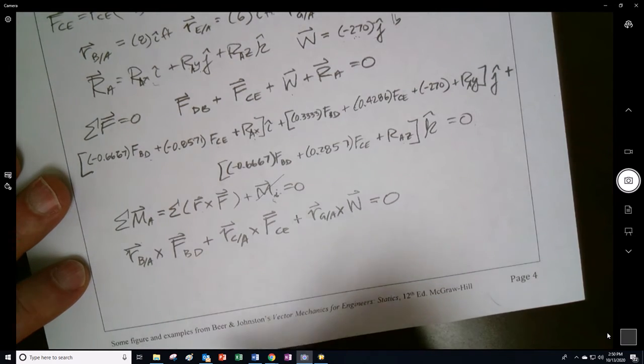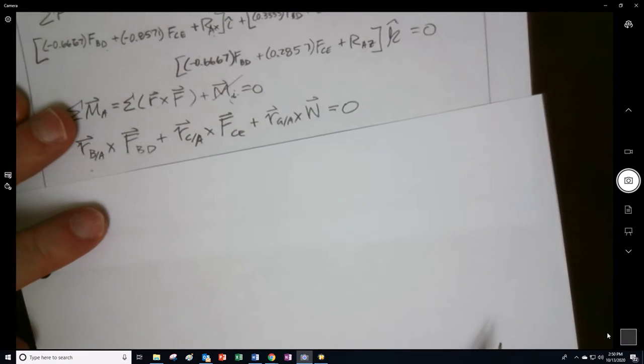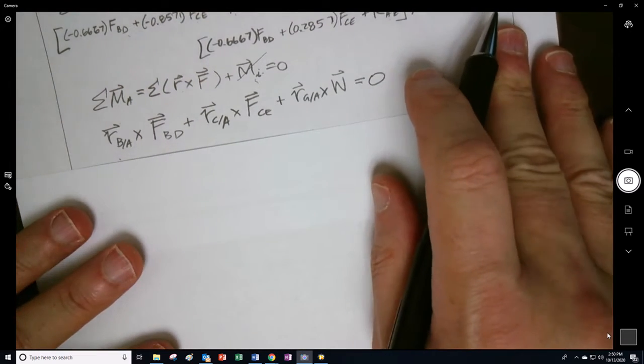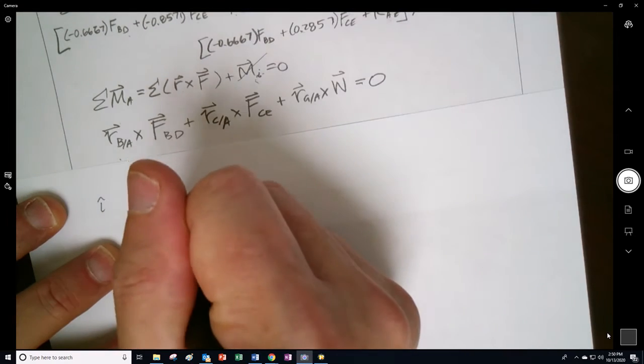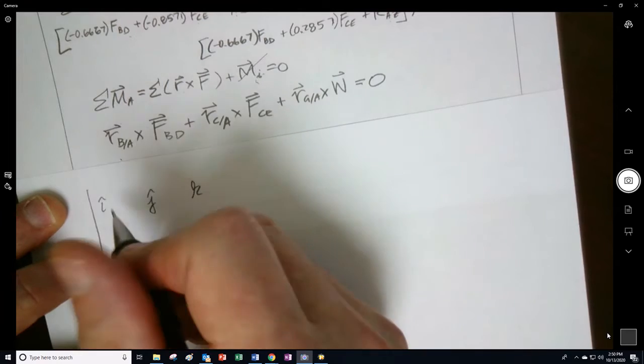So in order to do this, I'm going to go to another sheet of paper. So let's make my matrix. I'm going to go i, j, k. This is the matrix that's going to represent this right here.